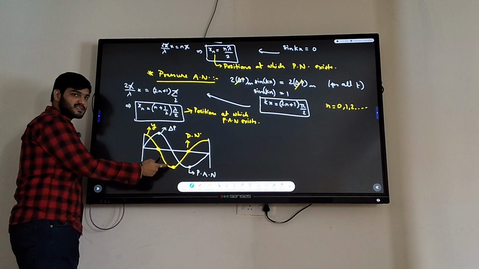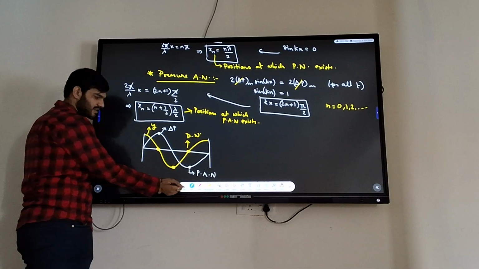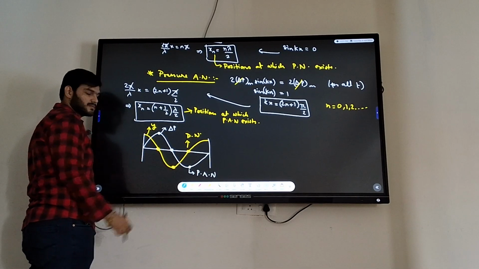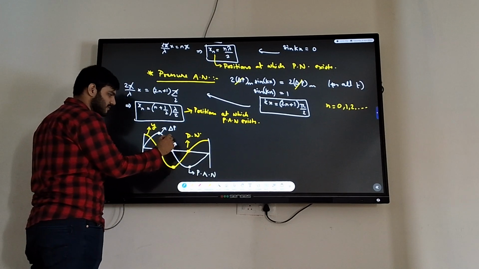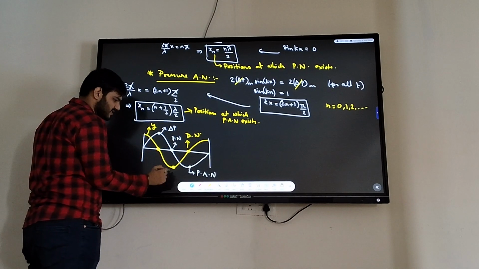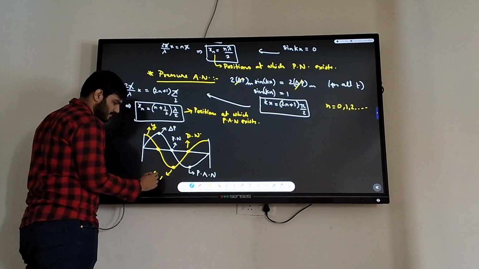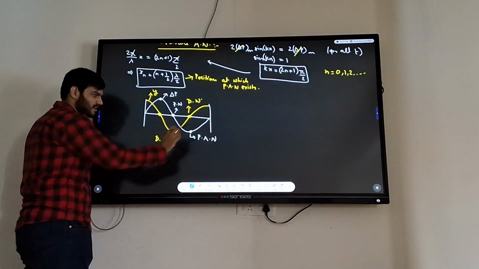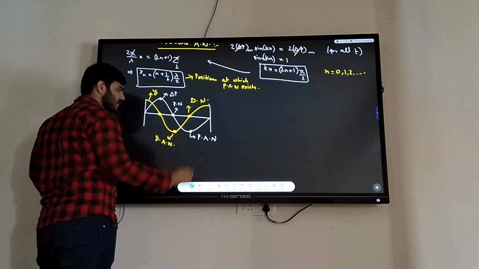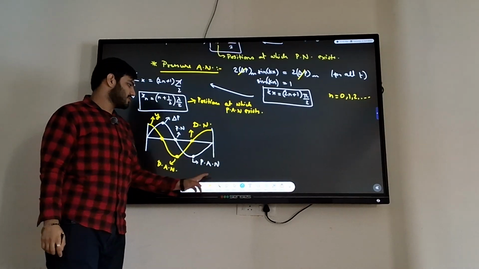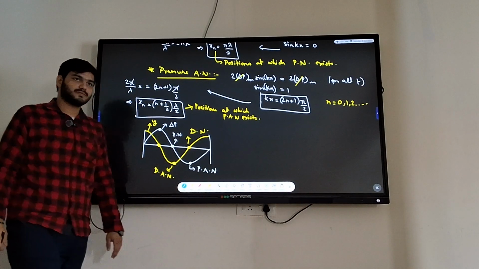This is a displacement antinode, and correspondingly what do you find? Pressure node. So this is pressure node and this is displacement antinode. Is it understood? If one exists as a node, the other exists as an antinode there.